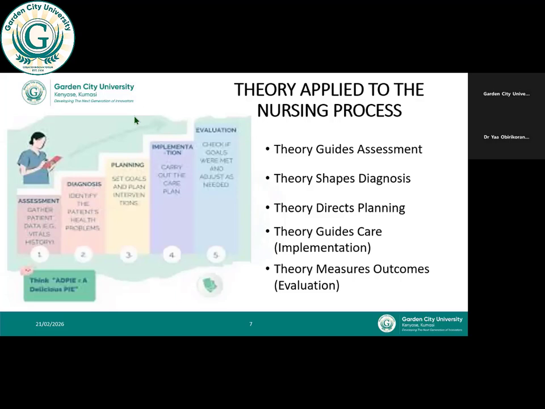All right. So we are using Orem's theory to assess our patients. And we are looking at what we can look out for when it comes to data gathering for the patient so that you can identify the patient's health needs.